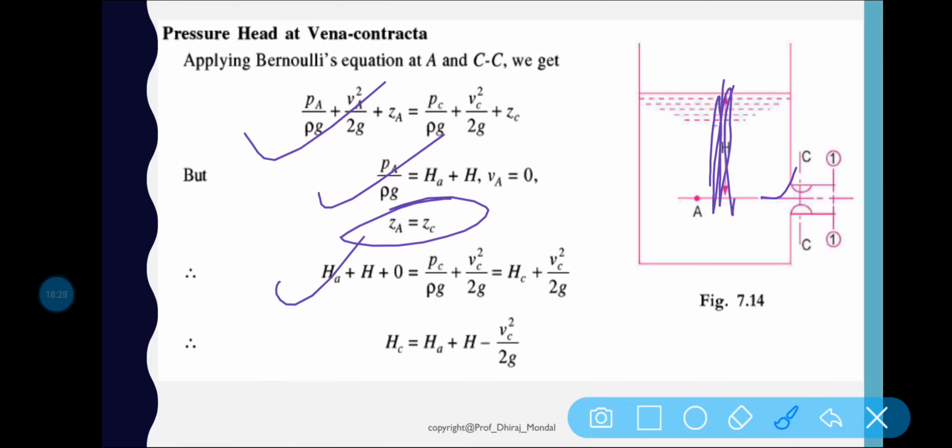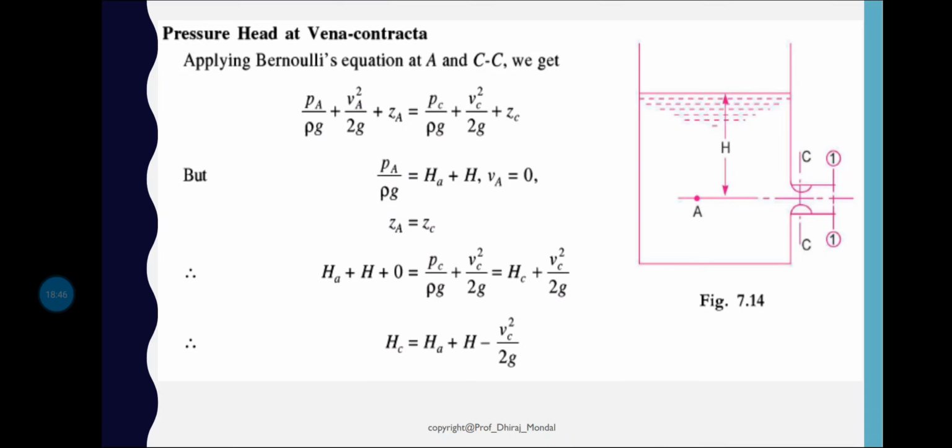So HA plus H plus 0 is equal to PC by rho g plus VC square by 2g. This is the equation I have got when we are taking the atmospheric pressure head.